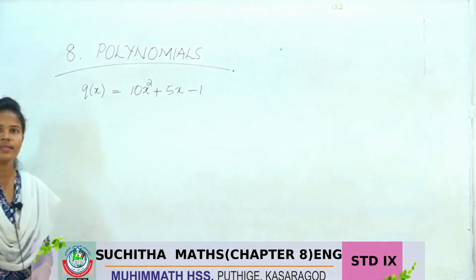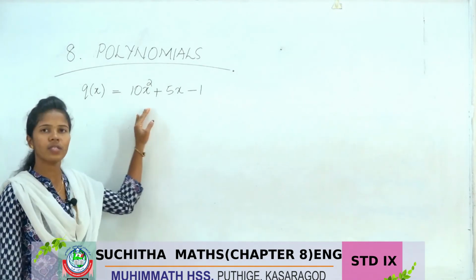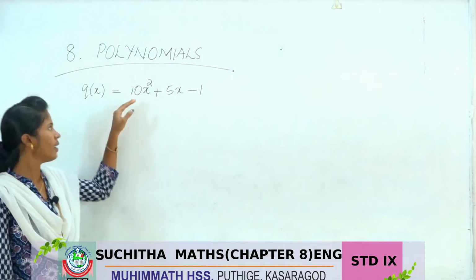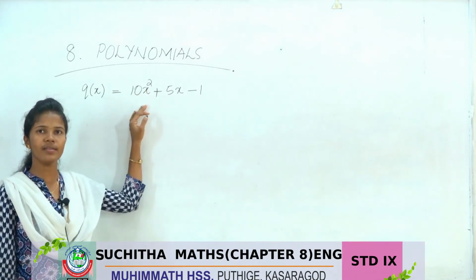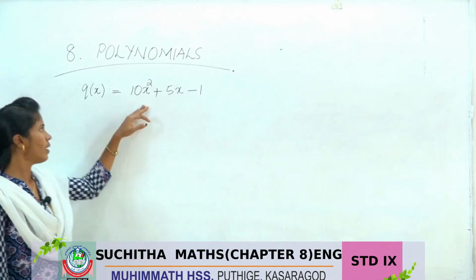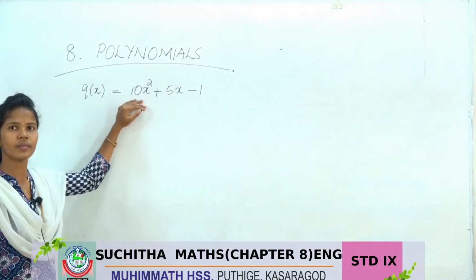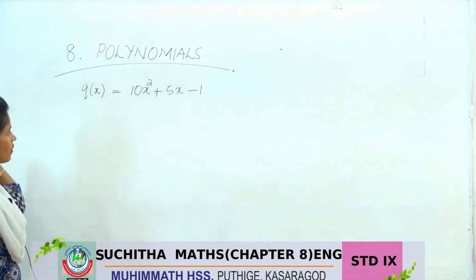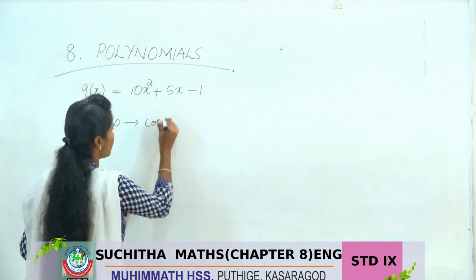Now consider another polynomial. What is the degree of this polynomial? Here the highest power of x is 2, therefore this polynomial is a second degree polynomial, isn't it? Okay, now here what is the coefficient of x square? Coefficient of x square is 10. So 10 is the coefficient of x square.